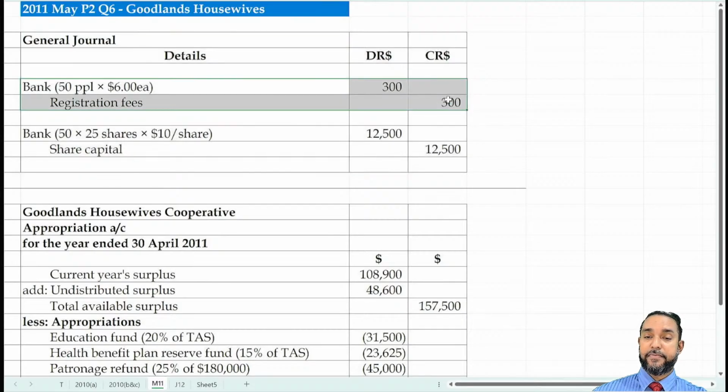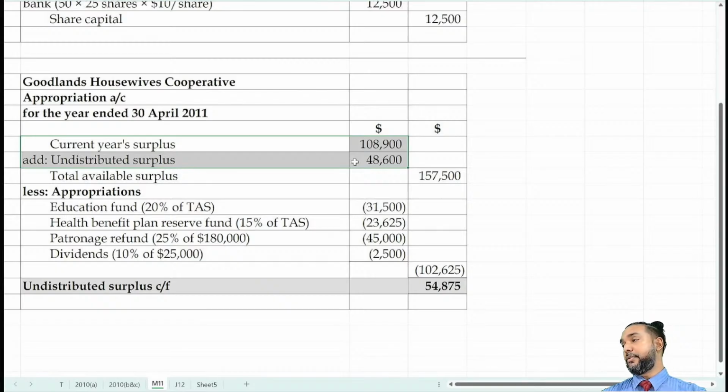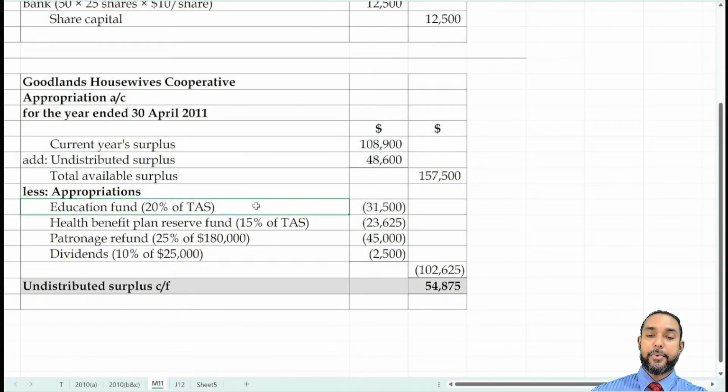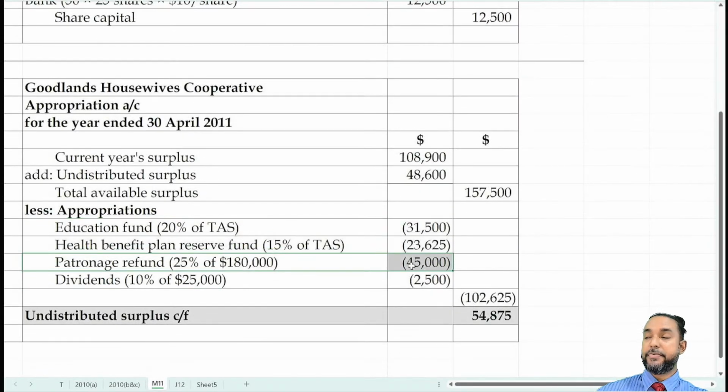They had some registration fees, and they had some shares. We had the current year surplus plus the previous year's undistributed surplus, and we had appropriations. Two of them were based on a percentage of the available surplus, and the other two, one was something called a patronage refund, which we said is like Massey giving you Massey points when you shop. So they're giving almost like a refund.